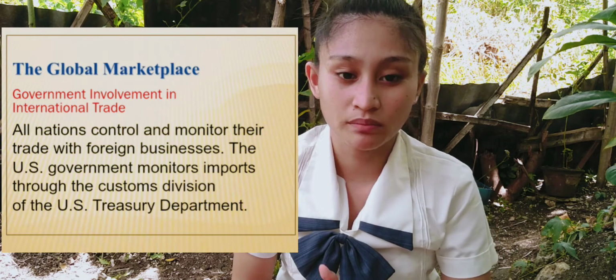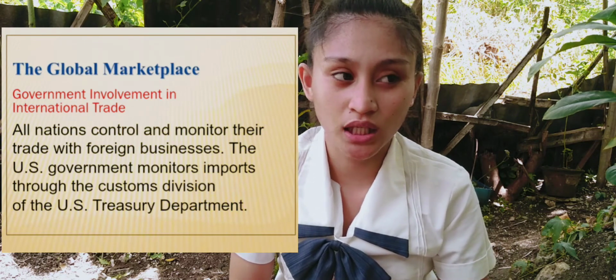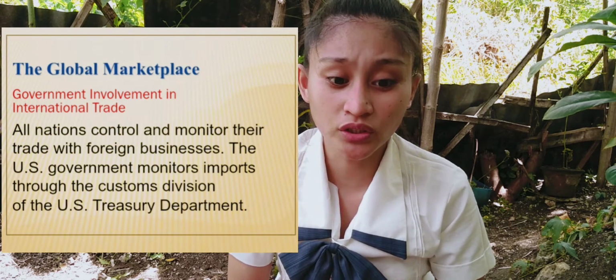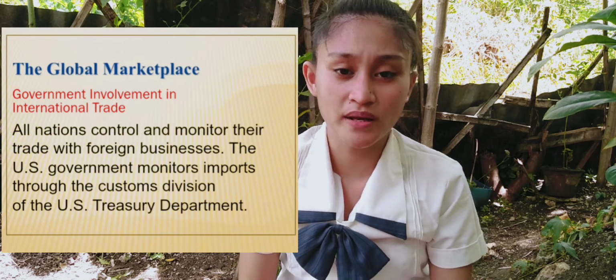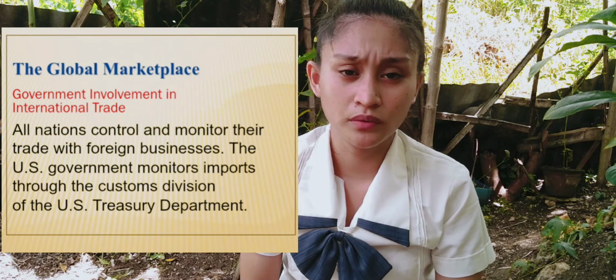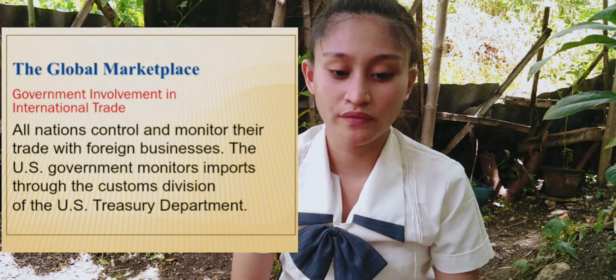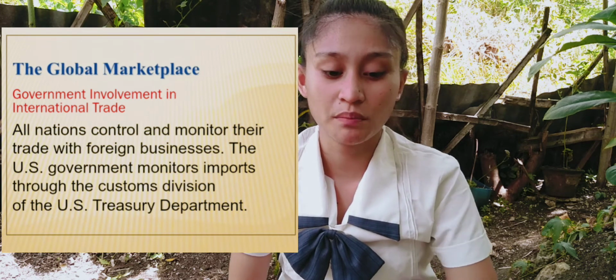The global marketplace: government involvement in international trade. All nations control and monitor their trade with foreign businesses. The U.S. government monitors imports through the customs division of the U.S. Treasury Department.